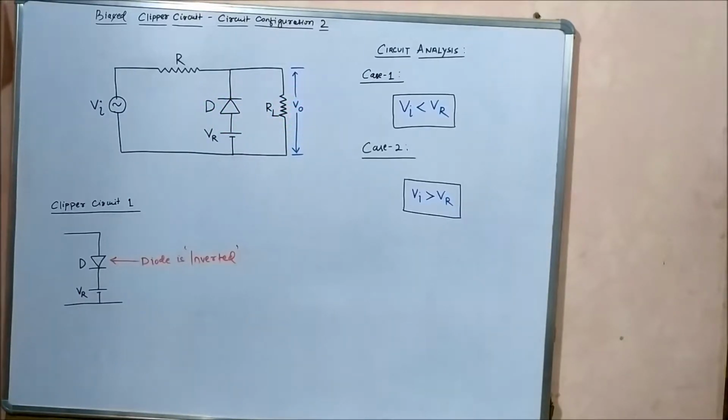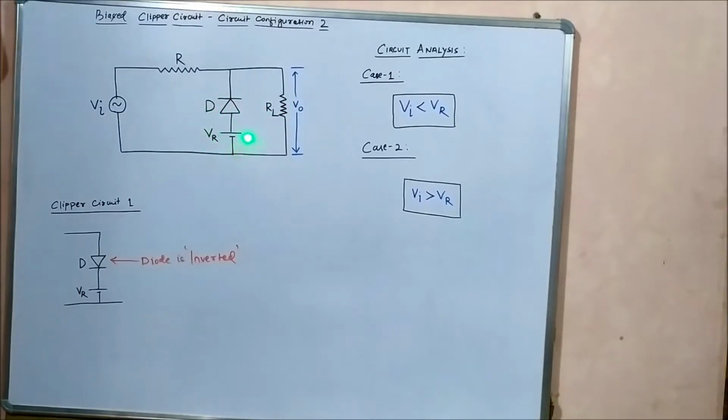So again, this reference voltage or biasing voltage plays a crucial role. If we remove this biasing voltage, it will be a normal clipping circuit, which can either be a positive or negative clipping circuit depending on the type of waveform which we get.